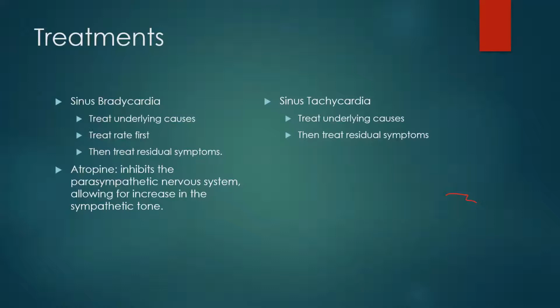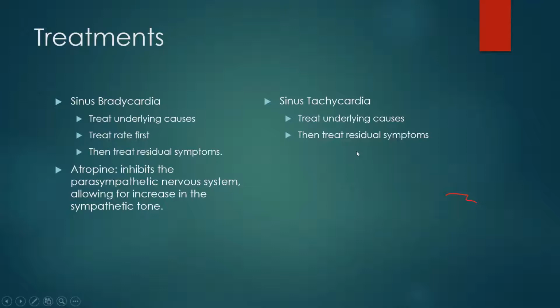It's going to block the body's ability to slow down, and it's going to allow for an increase in the sympathetic tone, allowing adrenaline and epinephrine to get into the system and start speeding things up. Atropine is not a fix. Sometimes it requires multiple doses. The drug does wear off. So usually you've got to get these patients to cardiac teams for implantation of a pacemaker.